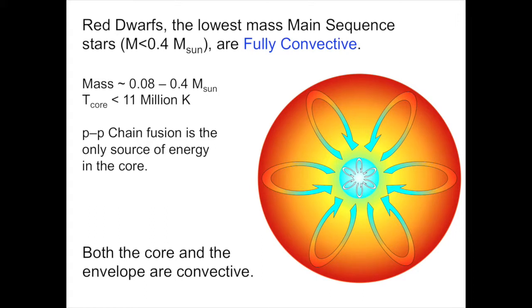What happens in that case is the bottom of the gas gets very hot, and you set up this slow rolling, boiling motion throughout the star. The central core, where fusion is occurring, turns out to be convective, and so the core gets very, very evenly mixed as hydrogen is depleted and turned into helium, and the outer envelope is fully convective. These are cool, highly convective stars. It's a very different structure than we see in the Sun.